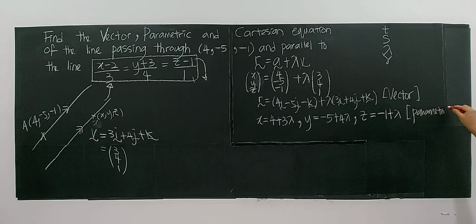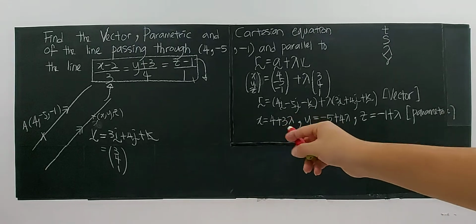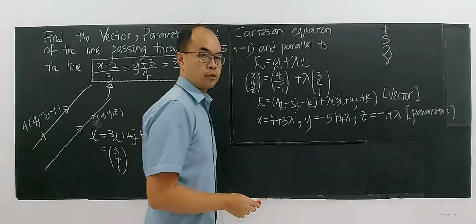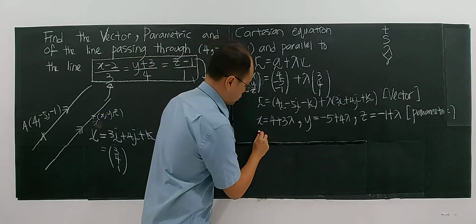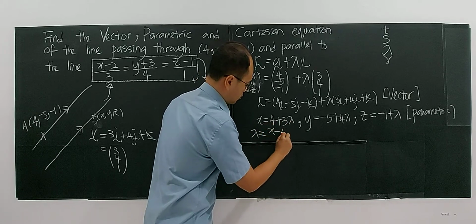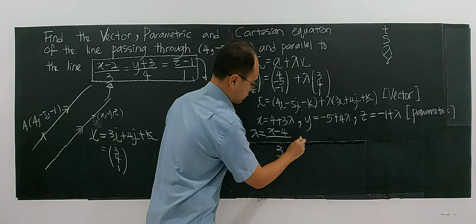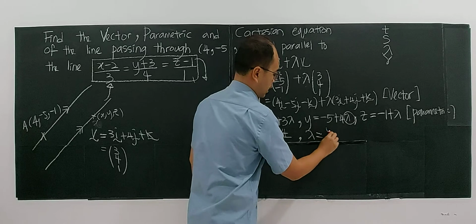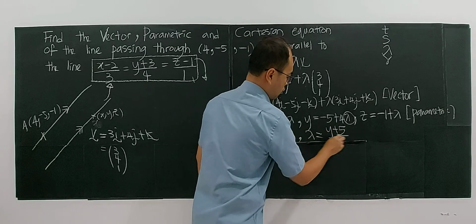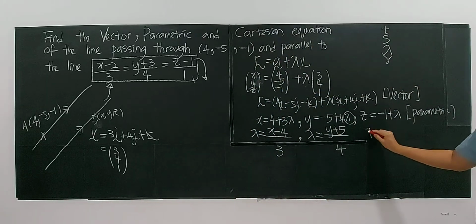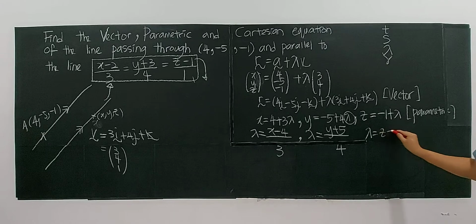Finally, you can rewrite this in Cartesian form, by making the parameter the subject. From here, you know that lambda can be rewritten as (x minus 4) over 3, followed by lambda equals (y plus 5) over 4, and for this, lambda equals z plus 1.